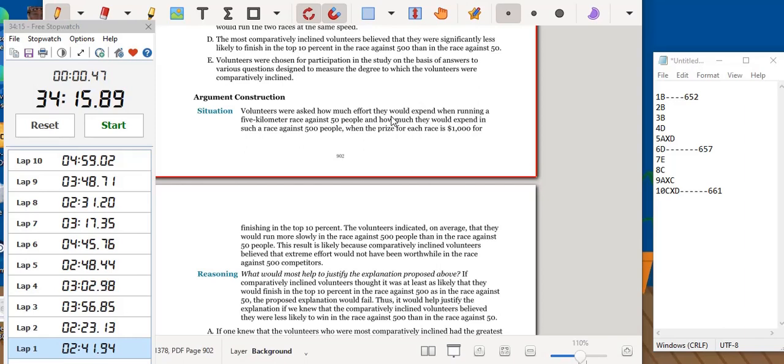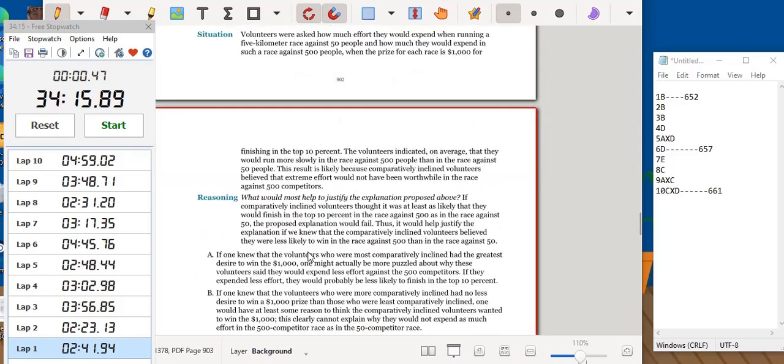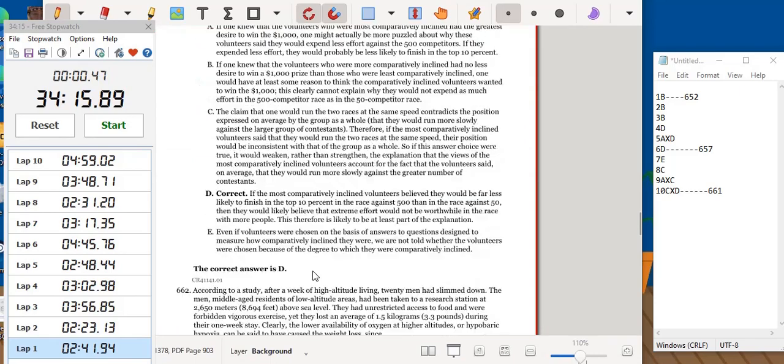Thus it would help justify the explanation. If we knew that the comparatively inclined volunteers believed they were less likely to win, I am not getting it once again, also with the explanation.